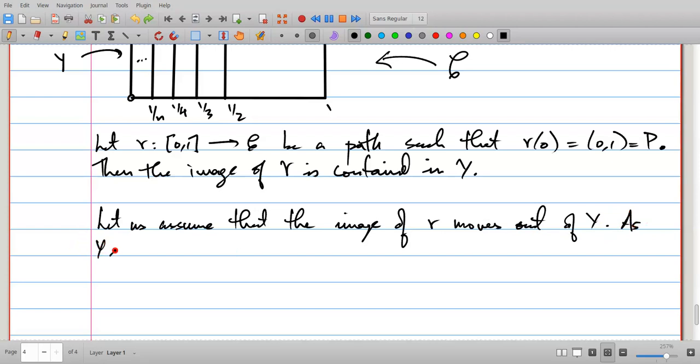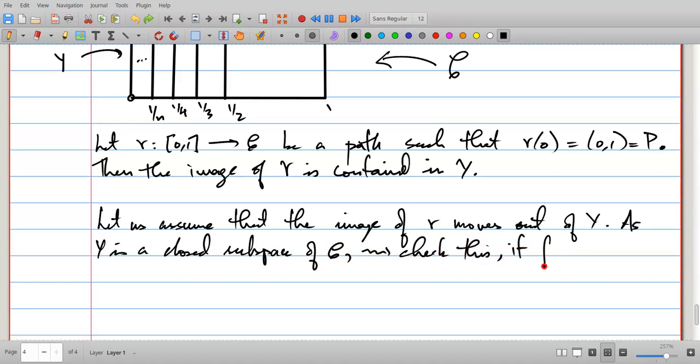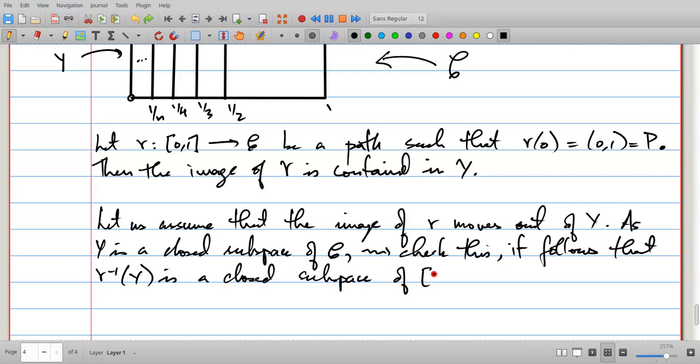As Y is a closed subspace of C, check this, it follows that gamma inverse of Y is a closed subspace of 0, 1.